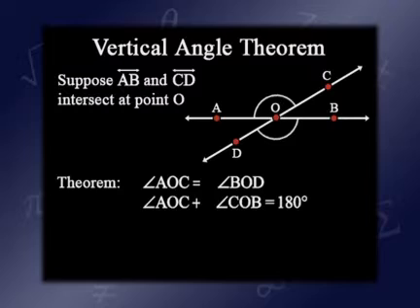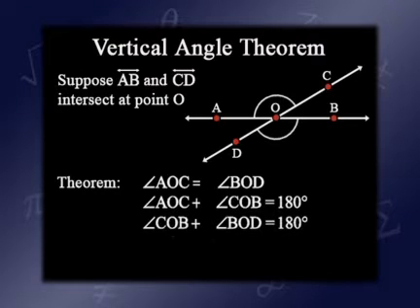By the way, we call those supplementary angles because they add up to 180 degrees. Similarly, if we look at the line COD, then COB plus BOD, since they form a straight line, are also summing to 180 degrees.